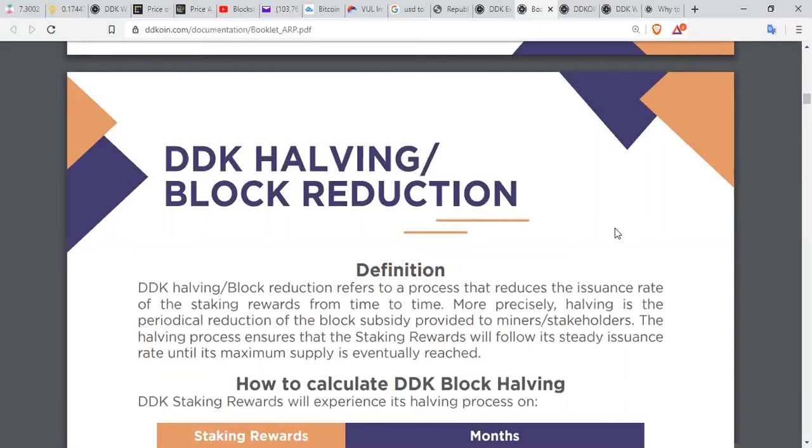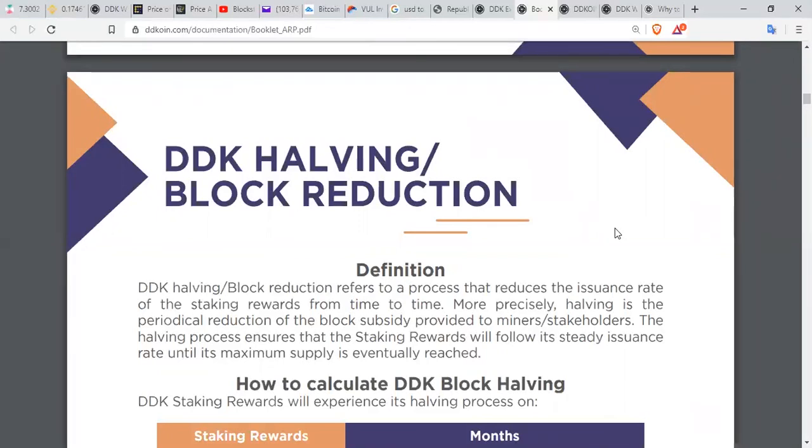It was written in the smart contract that at a certain period of, let's say, 1 year, after a year, the DDK staking reward will be reduced by 2%, from 10% to 8%.